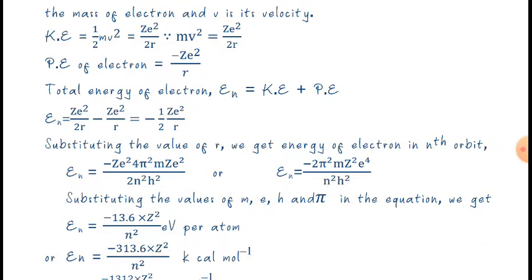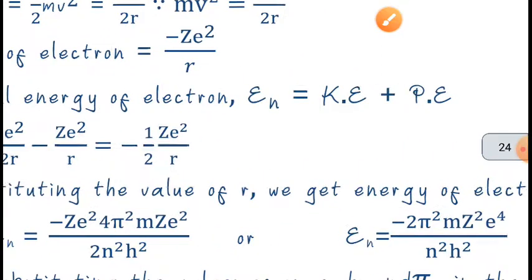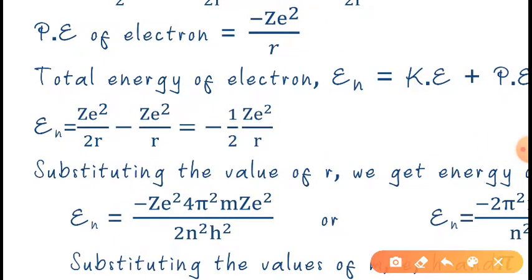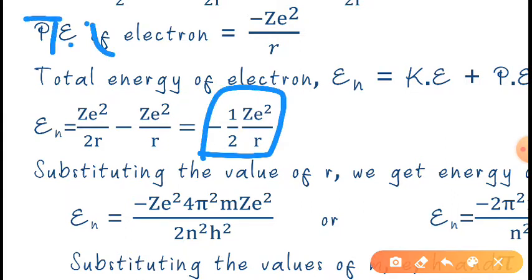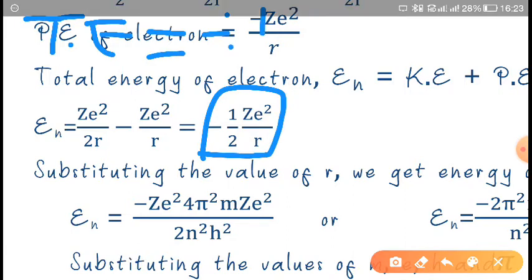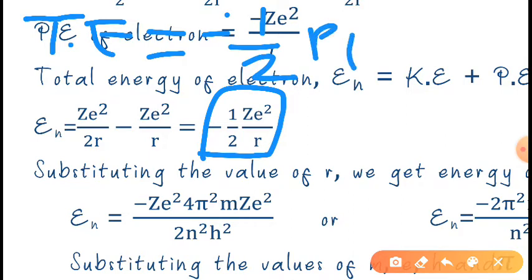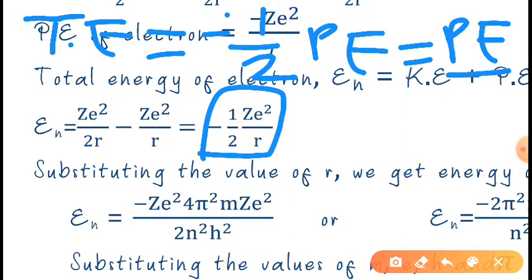From this equation, we can write that the total energy is equal to half of the potential energy, since potential energy is minus Ze square by r. We can write: total energy is potential energy divided by 2.